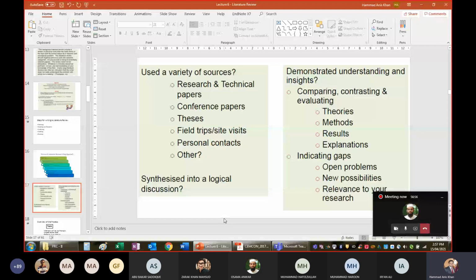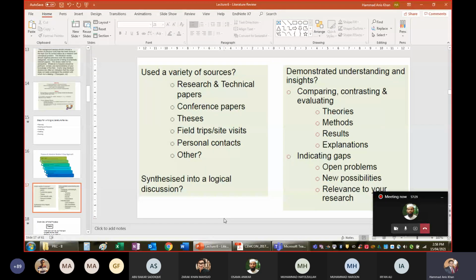And then you can try to link whatever you are studying. Second important point, demonstrate understanding and insight: comparing, contrasting, evaluating, which means that you will be critiquing or comparing the research of different people. You are contrasting, comparing, and evaluating, which means you are also evaluating whether it is relevant to your research or not, or evaluating the results and explanations, understanding the explanations.